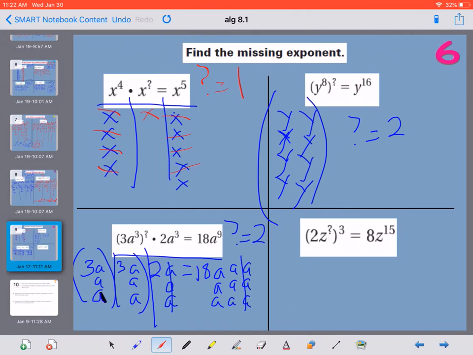Last one here, we have 3 groups of 2z something equals an 8 and z 15 times.